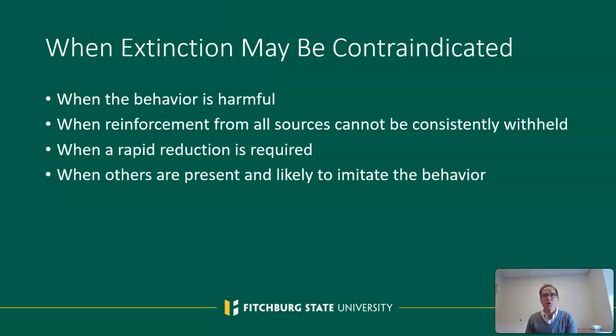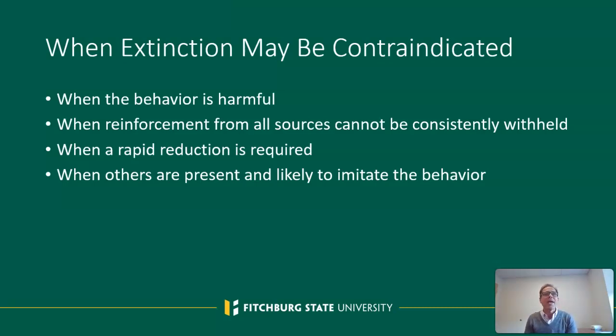Extinction may also be contraindicated when a rapid reduction in problem behavior is required, because again, we're likely to see a temporary increase. It's going to take a little while before we see that decrease in problem behavior. So if it's really critical that we get a rapid reduction, we probably don't want to be looking at an extinction procedure.